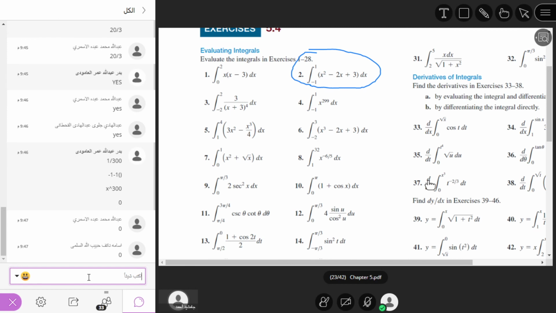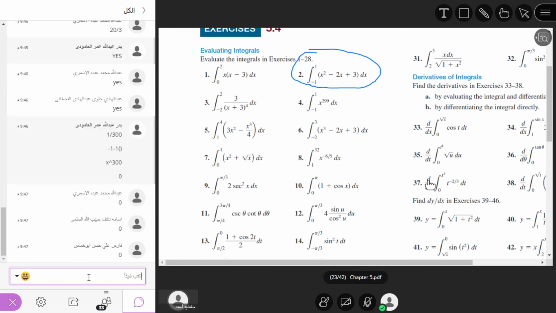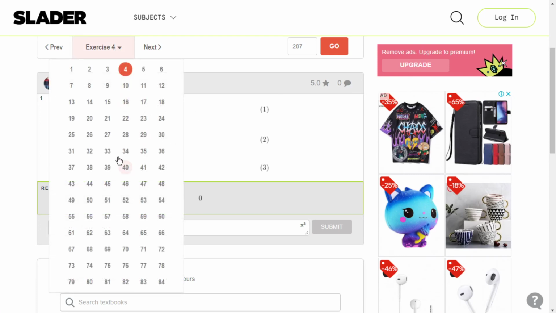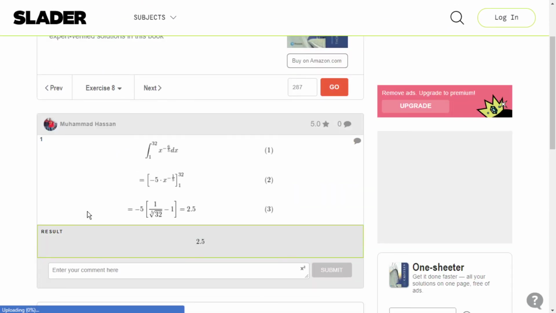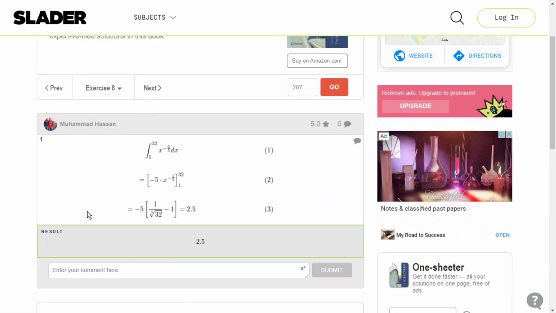Okay. If we have to solve question number 8, yes, I think it is equal to 0. Can you solve question number 8?